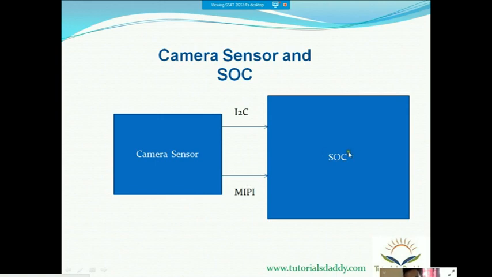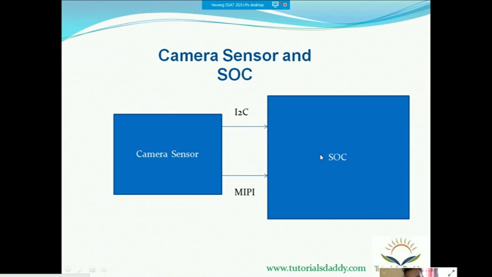The camera sensor will just capture the frames. If it doesn't have an ISP with it, the ISP will lie on the SoC board or SoC side. So further processing of frames will happen on the SoC side.